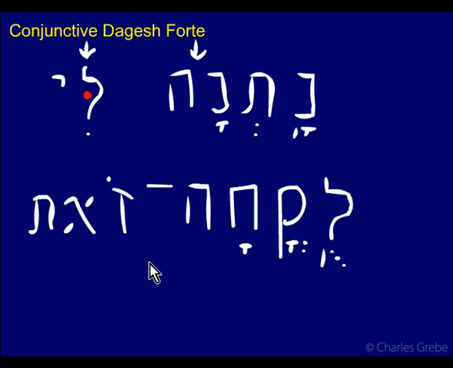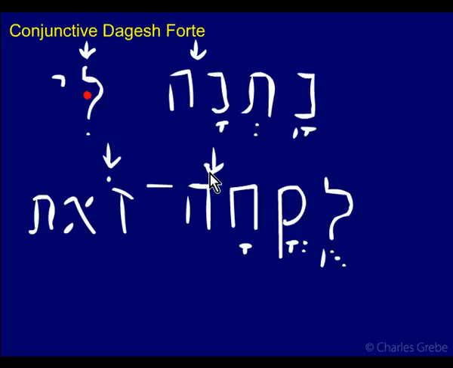So we have two words that are closely connected. In fact, the maqqef here really brings that out, that these are to be pronounced together. And what are the other conditions here? Accent falls on the first syllable because, again, it's monosyllabic. It's the only place it can fall. And on the first word, the accent falls at the end.